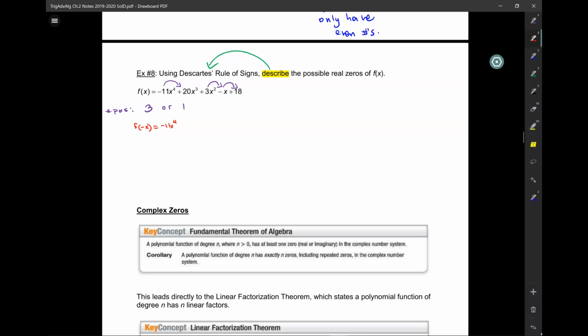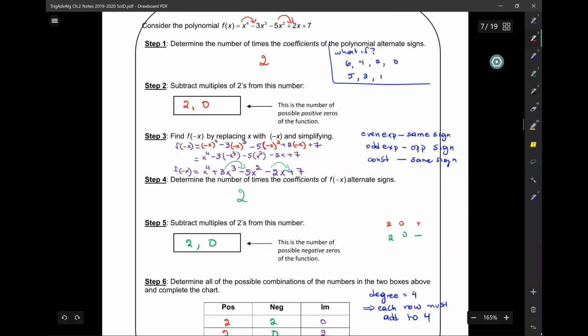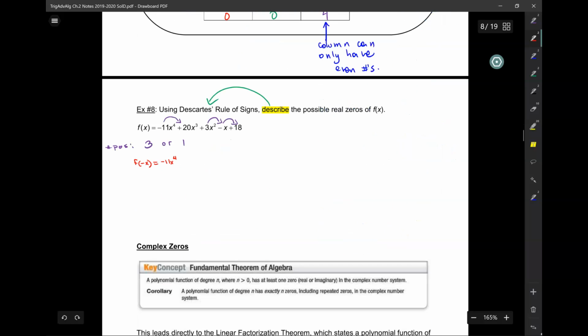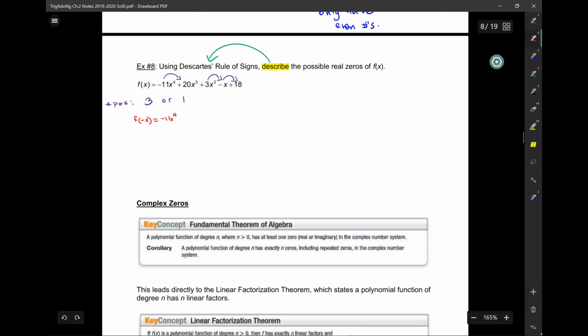But if a term has an odd exponent, x to the power of 1, 3, 5, the sign will change from plus to minus and vice versa.